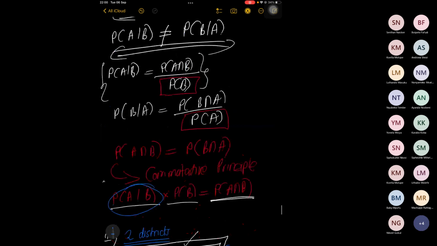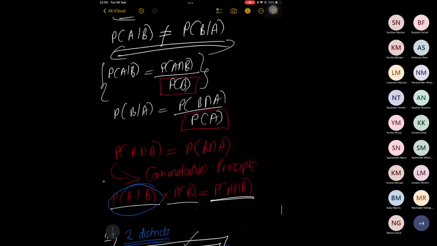Well, probability of V given B is calculated as probability of V intersection B over probability of what? Of B. So if it's calculated this way, we had already said that probability of V intersection B is the same as the probability of B intersection V. So this is actually what you are looking for.